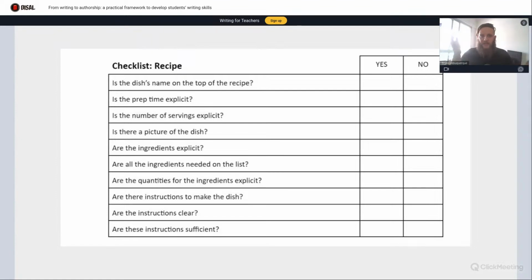For the other class, I collected the texts, gave my feedback on the genre, on grammar and vocabulary and mechanics, etc., and then gave it back to them. They rewrote the text, edited, and then got more feedback from me at the end.